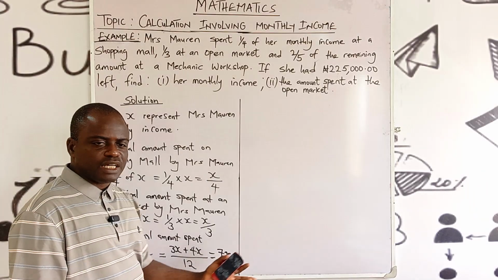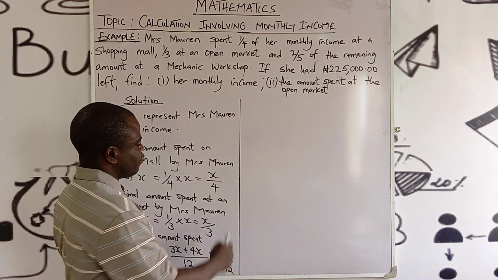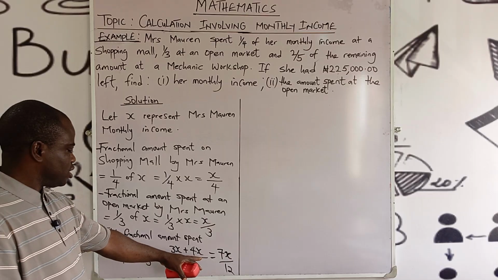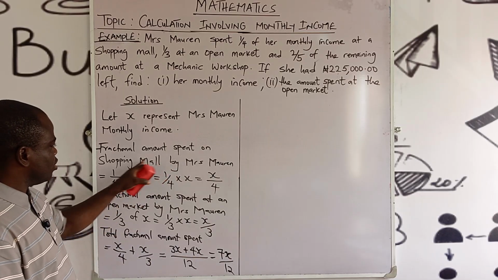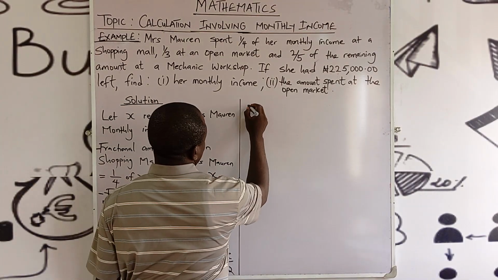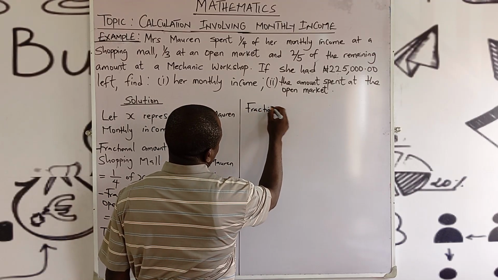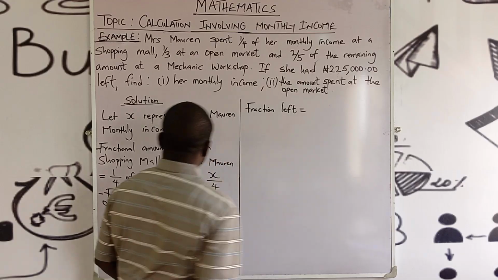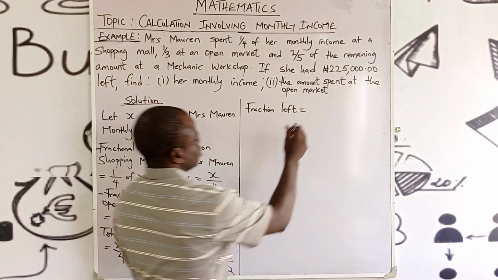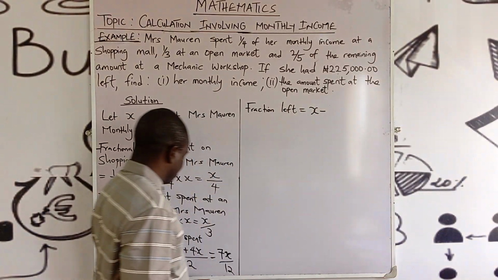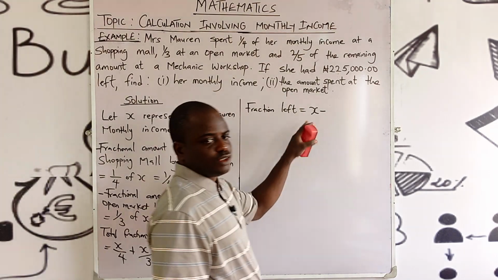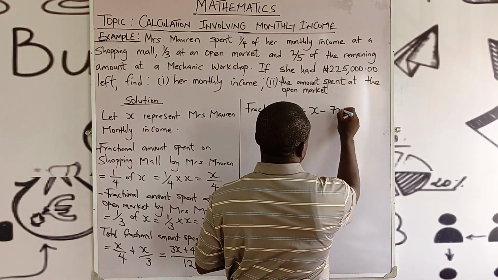We're told that 2 over 5 of the remaining amount is spent at a mechanic shop. Before we know the remaining amount, let's see the fraction left. This is the total amount spent in both the shopping mall and the open market by Mrs. Moraine. So let's say fraction left: if X represents the monthly income, that's X minus 7X over 12, removing the fraction spent on shopping mall and open market.